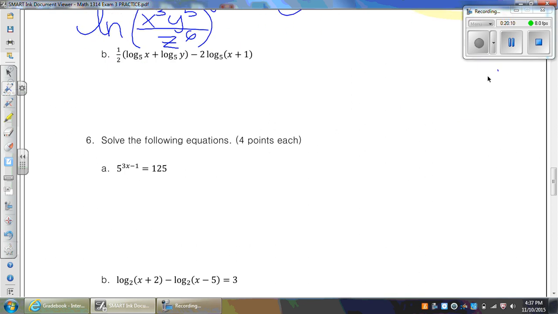So here we have 1/2. What I'm going to do is go ahead and distribute that 1/2 first. So that coefficient, 1/2 outside the parentheses, actually becomes the coefficient of both log of x base 5 and log of y base 5. So we'll have 1/2 log base 5 of x plus 1/2 log.